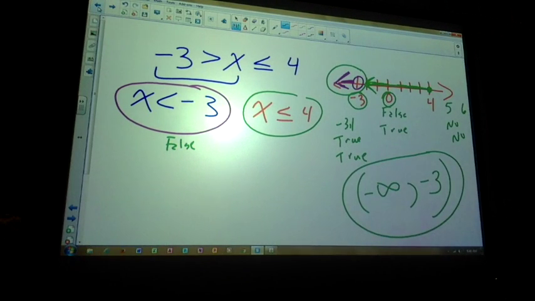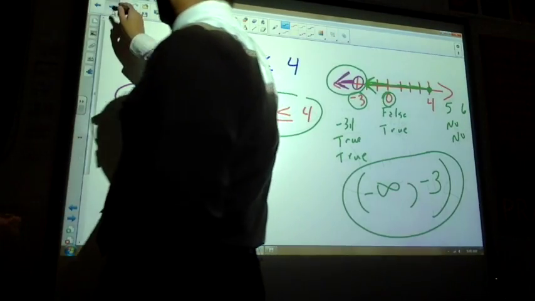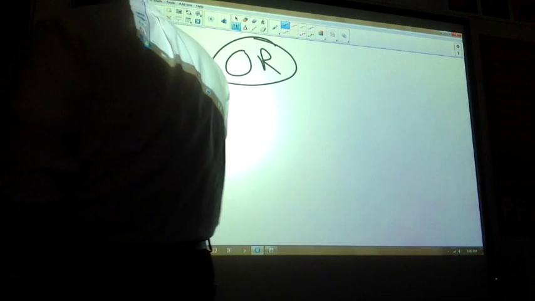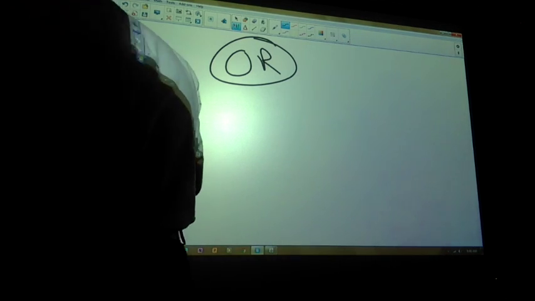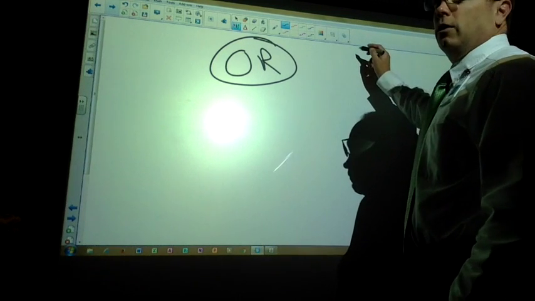Both parts have to work. Okay? So now the next part we have is or. The nice thing about having an or problem is the word or is in the problem.